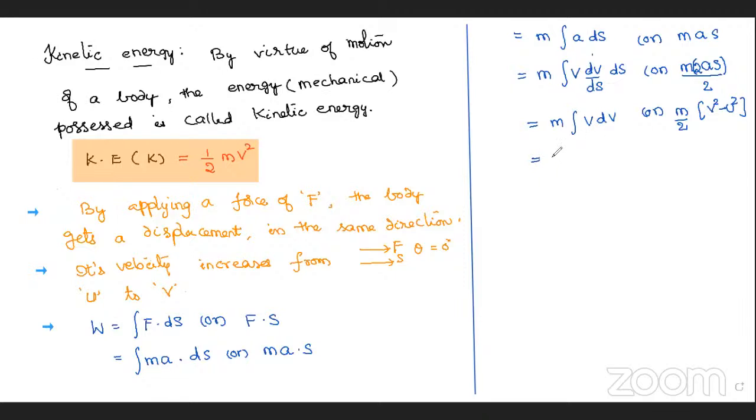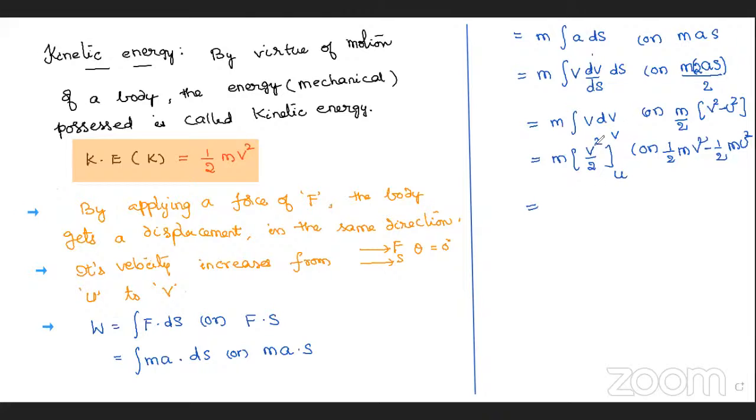Now here, even this integration also, you will get integral v square by 2. Or without integration, already you got the answer. If you multiply half mv square, first term, minus half mu square, the second term. Even here also you get the same. How, sir? Simple. Substitute the limits, from u to v.